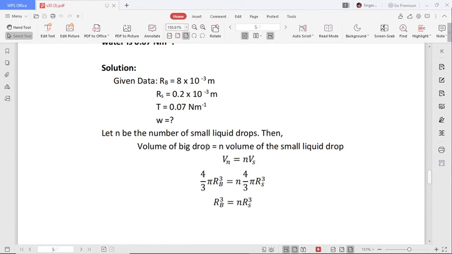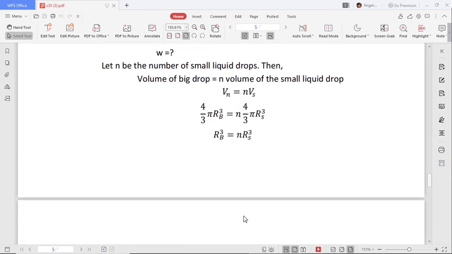Let N be the number of small water drops. Volume of the big water drop is equal to N times the volume of a small water drop. So Vb is equal to N Vs. So 4 by 3 pi R cube is equal to N into 4 by 3 pi r cube. All these things will be cancelled, and the remaining is R cube equals N r cube.